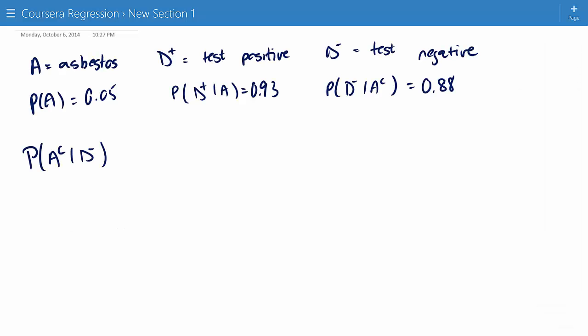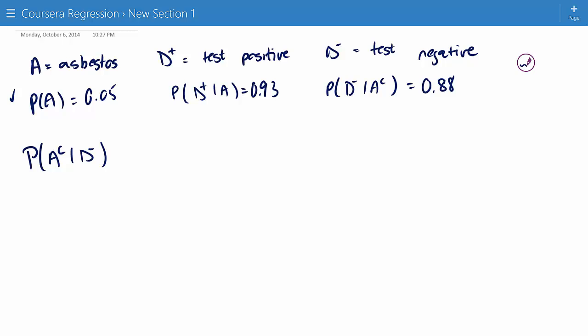So I've gone ahead and written out the information here. A is the event that the house has asbestos. D plus is the positive test. D minus is the negative test. What I've been given is the marginal probability of a house having asbestos is 5%.